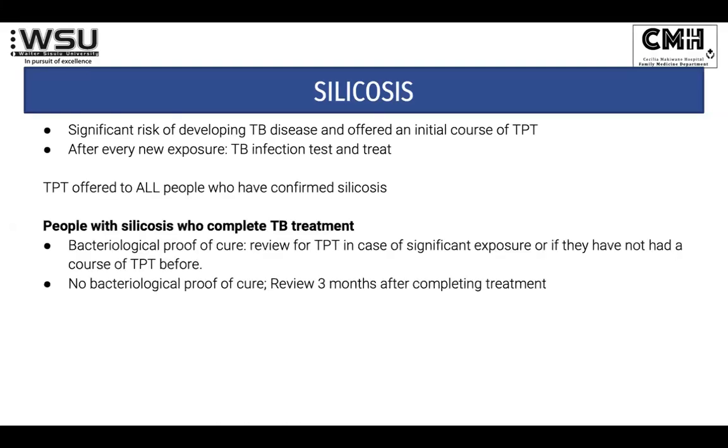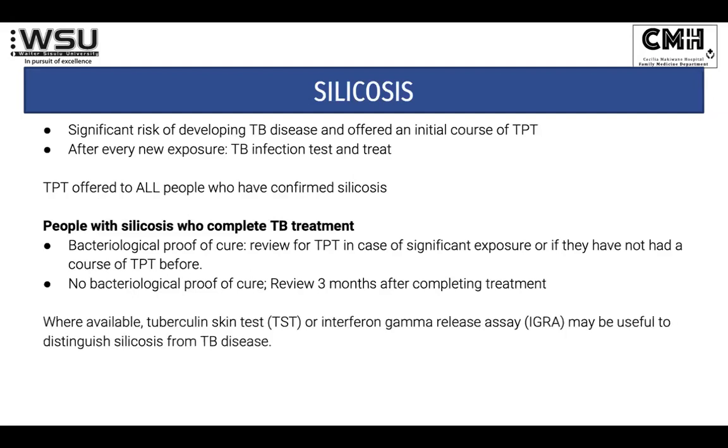They also have a recommendation for those that have been on TB treatment, very similar to our HIV positive patients, that when they finish their TB treatment and they've got bacteriological proof of cure, they also get a course of TPT. They do also mention that this is the one place where if they've got symptoms and you don't know is this TB or not TB, a TST or IGRA might be useful, because if they're HIV negative and the TST and IGRA is negative, it means they've never been TB exposed.